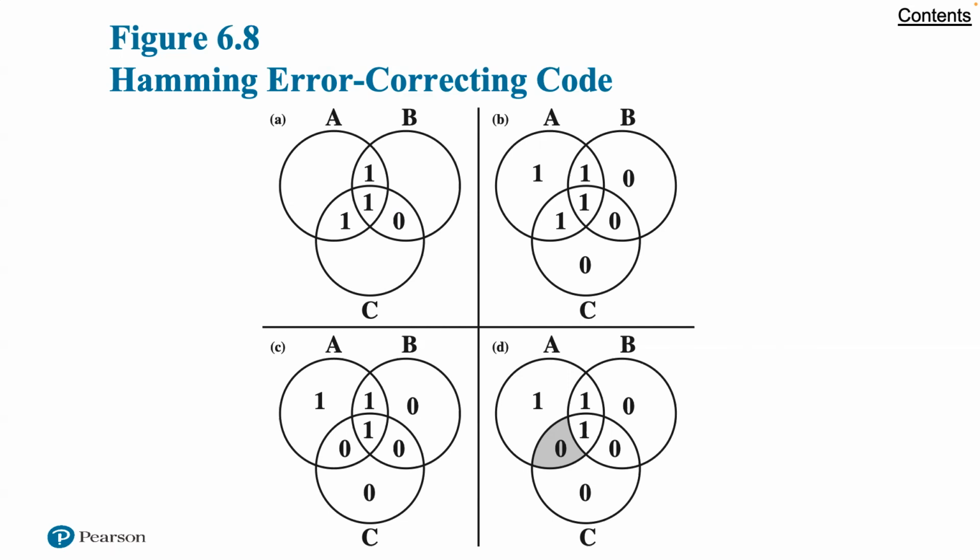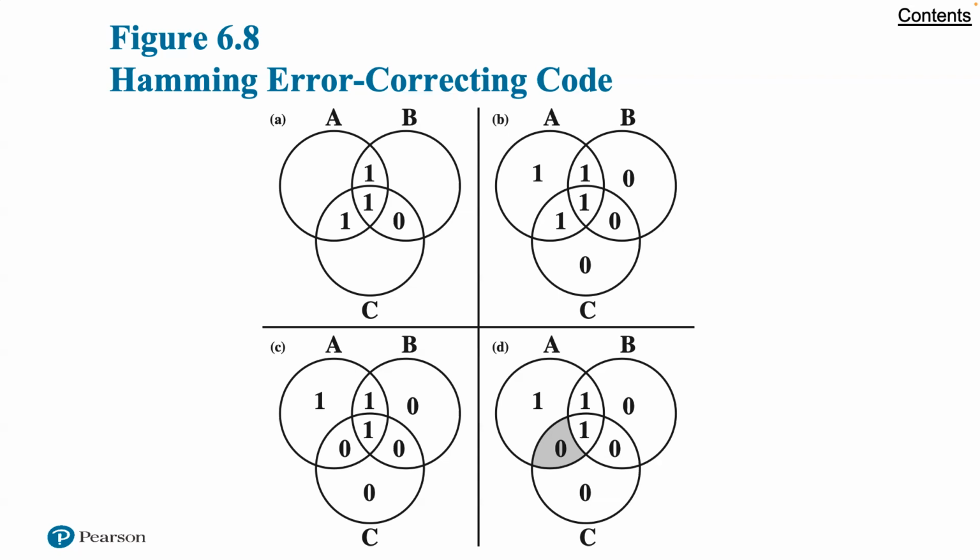With 3 intersecting circles, there are several compartments. We assign the 4 data bits to the inner compartment. That's figure 6.8a. The remaining compartments are called parity bits. Each parity bit is chosen so that the total number of ones in its circle is even.